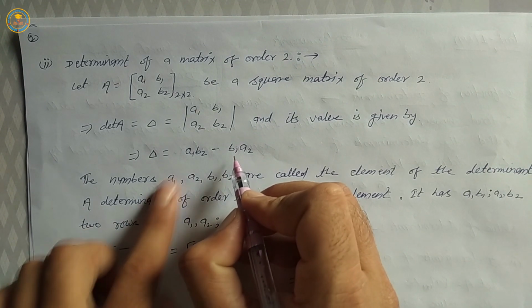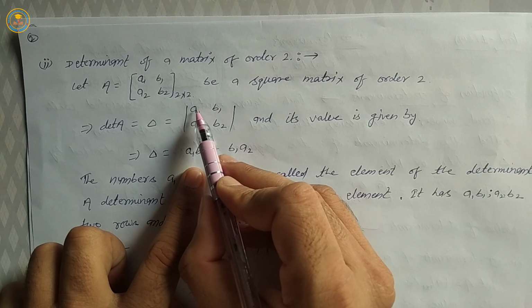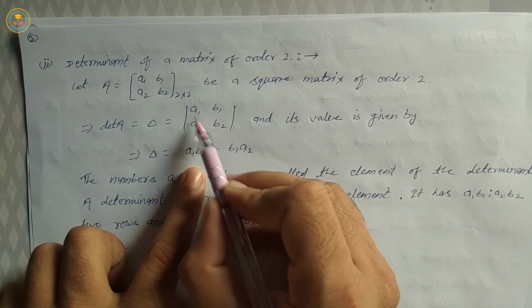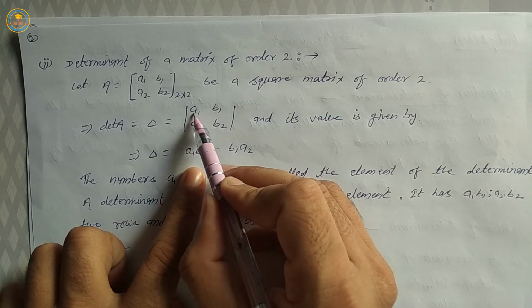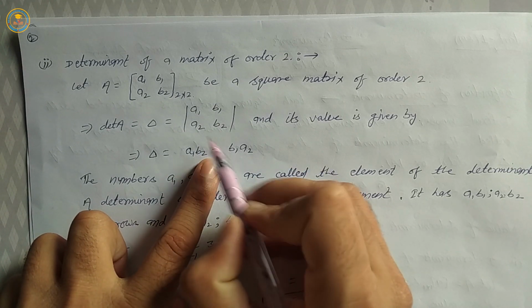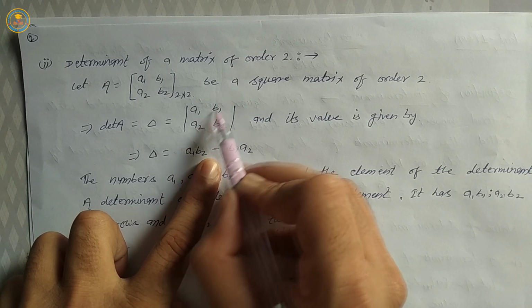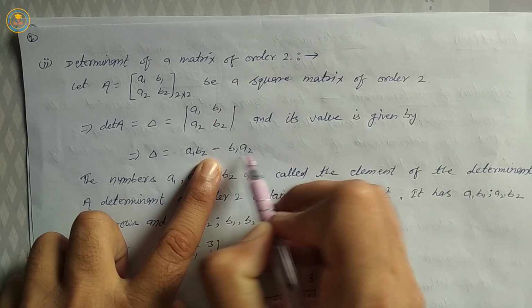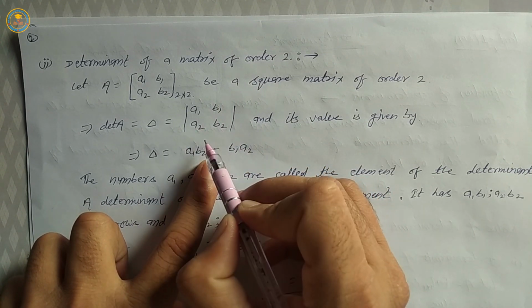It means the product of the diagonal elements a1 b2 minus the product of the other diagonal elements b1 a2.